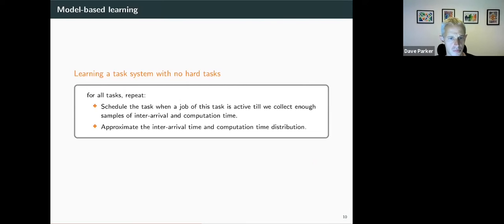So we execute the task system for a polynomial number of steps and collect enough samples to infer epsilon accurate approximations of the distribution with high probability. So the task systems with only soft tasks are efficiently PAC learnable.